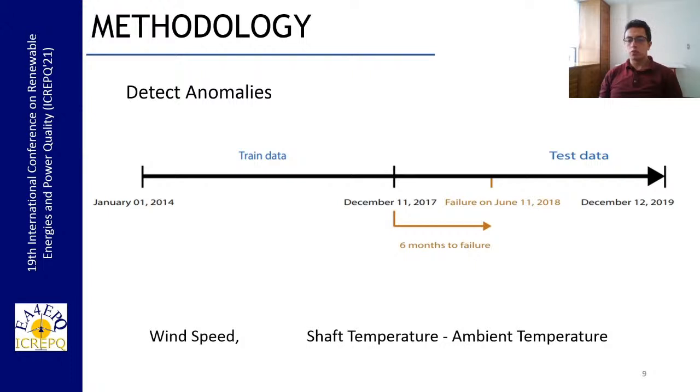We use two types of variables. The first one is the wind speed, and the second variable is a combination of the shaft temperature and ambient temperature. It's important to note that we use a normalization of these variables to make the execution of this algorithm more efficient.